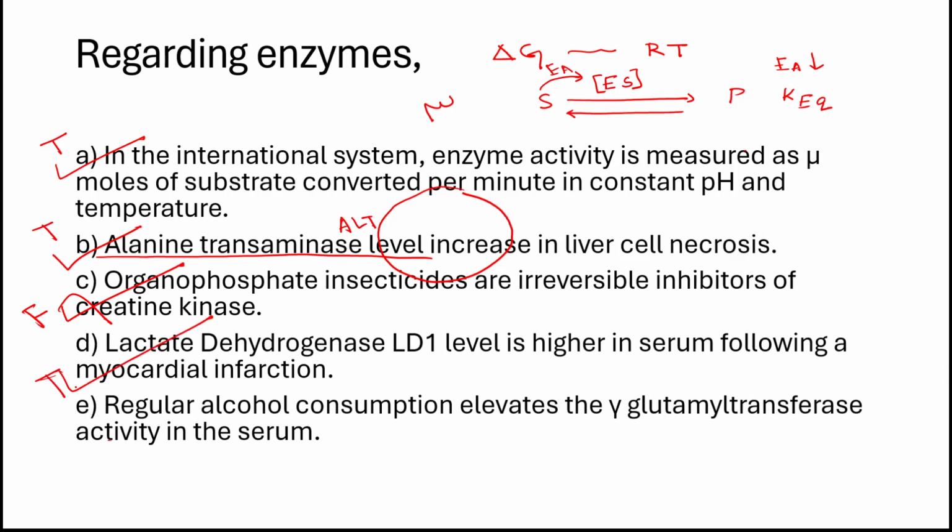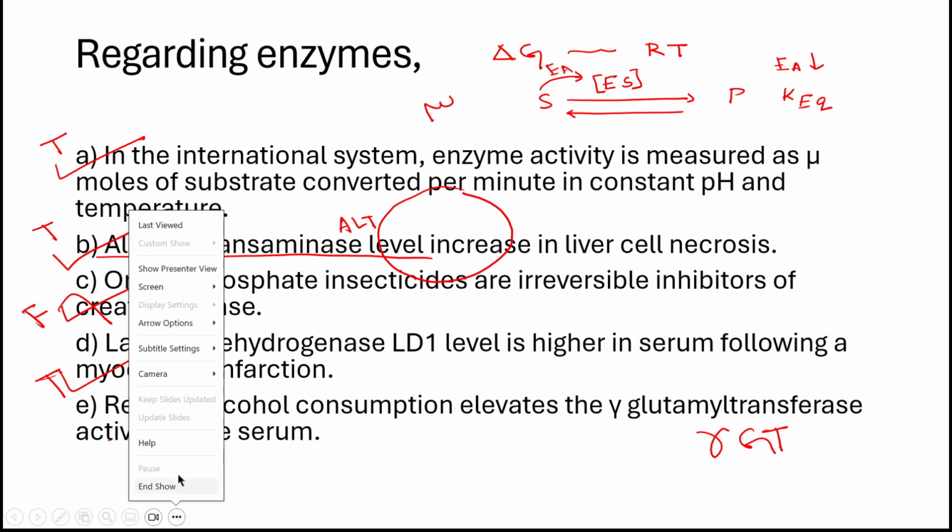The final one, regular alcohol consumption elevates gamma glutamyl transferase. This is denoted as gamma GT. Regular alcohol consumption elevates gamma GT. Now you see that most of the time they ask questions from clinical scenarios.